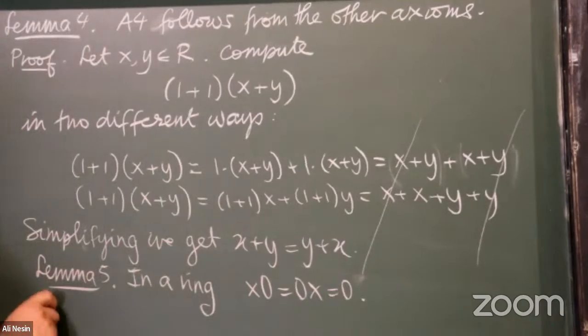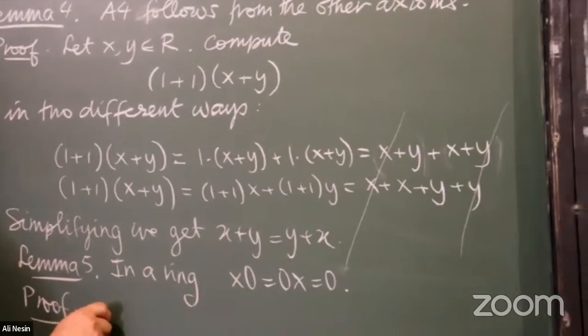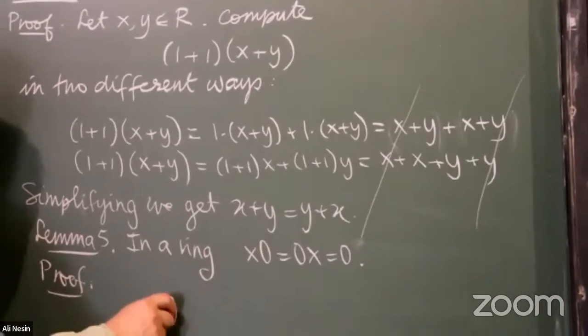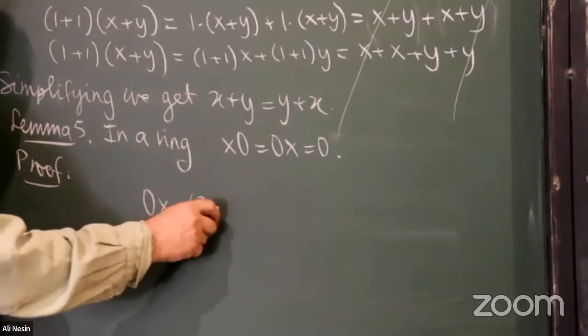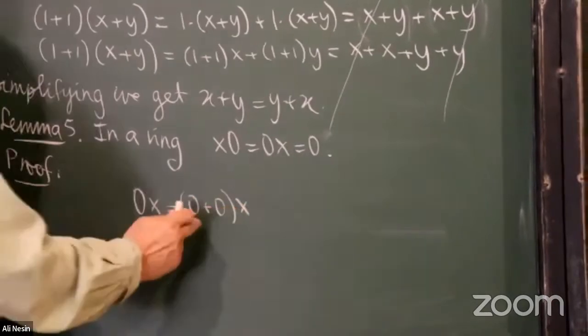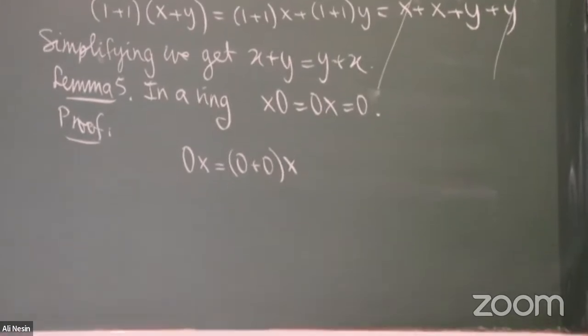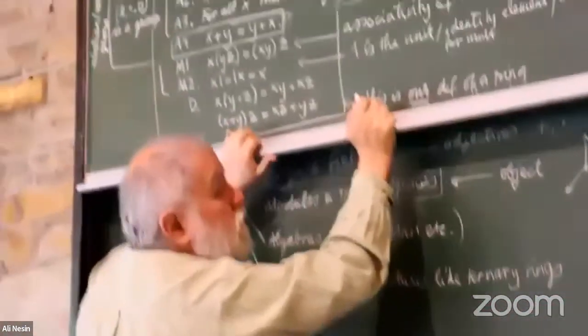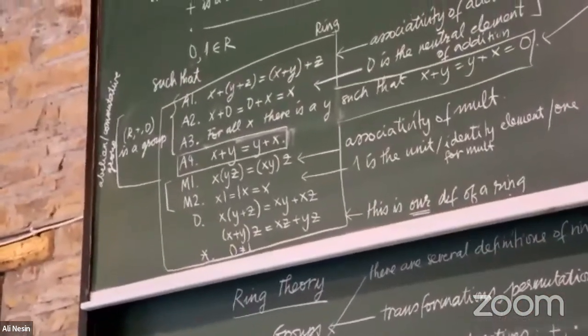Proof? It's almost one line. 0 times x is equal to (0 plus 0) times x, since 0 plus 0 is 0; here you take x equal to 0. And this is equal to 0 times x plus 0 times x, by the distributive law from the right.